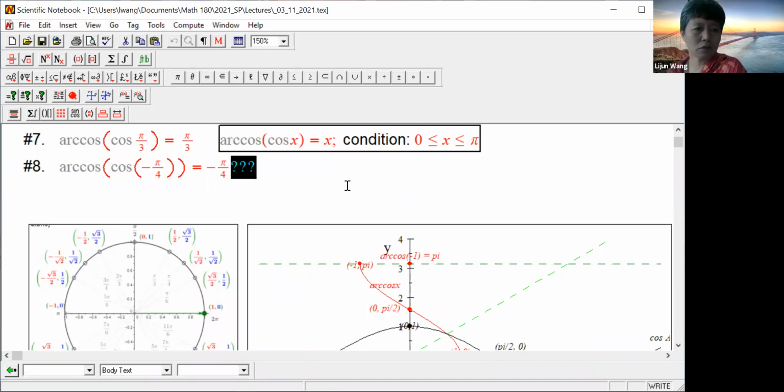The second row, you said pi over 4 and 3 pi over 4. Do you mean that? You must have only one answer, because it's a one-to-one function. This will be 1. Why? Because negative pi over 4 is outside the range of arc cosine.